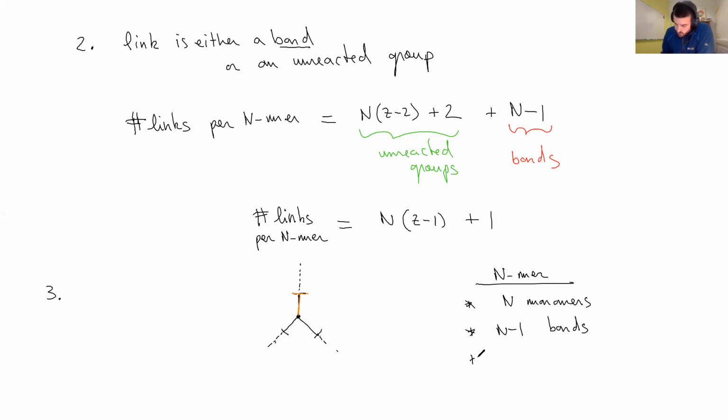I have, you knew it from before, n(z-2) plus 2 unreacted groups. Sorry, z-2 plus 2, excuse me. My handwriting is bad. Unreacted groups.